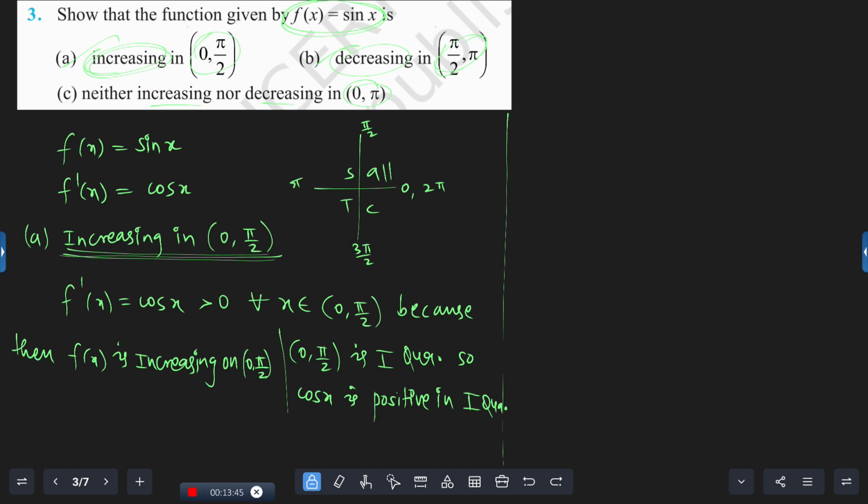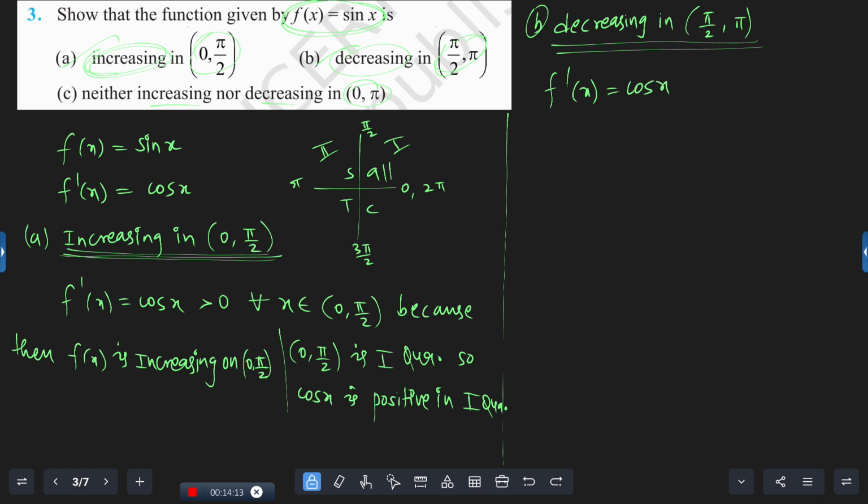Next is part B. What are they telling? Decreasing in the open interval pi by 2 comma pi. So which quadrant is pi by 2 comma pi? That is the second quadrant. In the second quadrant, what is cos x?